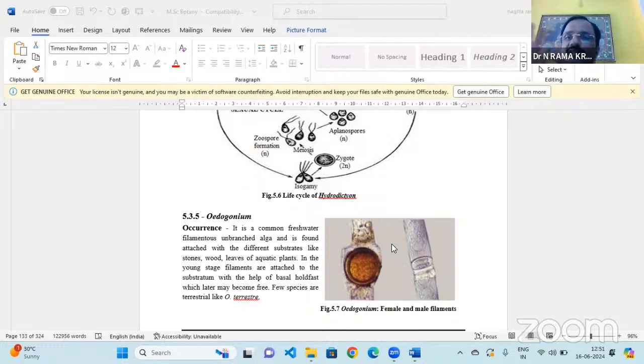This structure contains flagella, that's why we say it is a zoospore. After development, this zoospore comes outside, takes food material, and germinates into the new plant. So in Ulva, this is by zoospores.